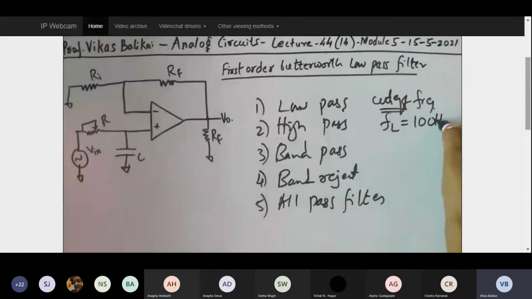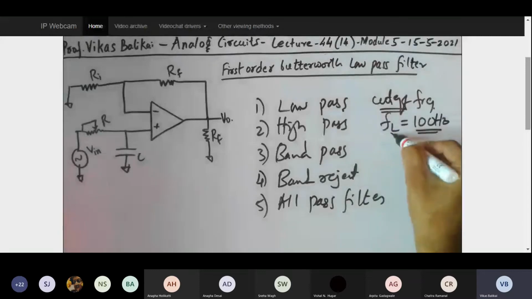If this is my cutoff frequency, then all the signals having frequency less than 100 hertz are going to be passed through this filter, and all the signals having frequency more than 100 hertz will be rejected, which means they are not going to enter this filter. So that's the meaning of cutoff frequency with respect to low pass.